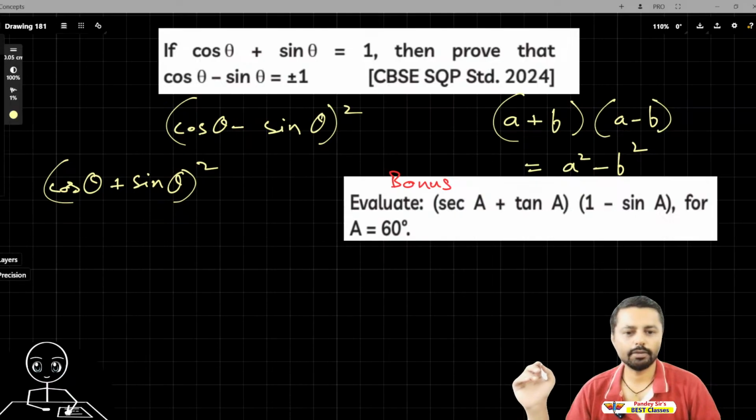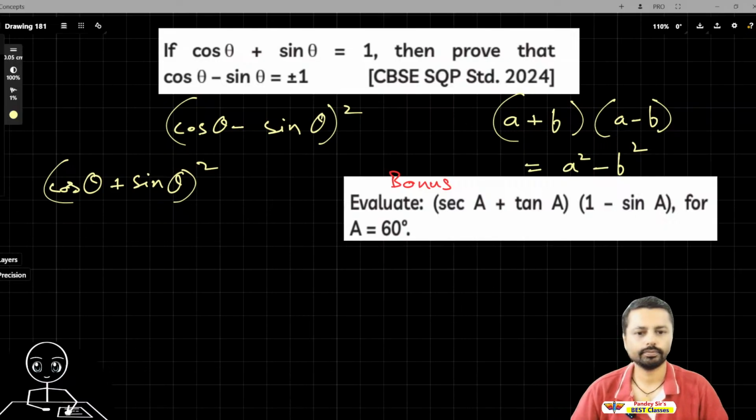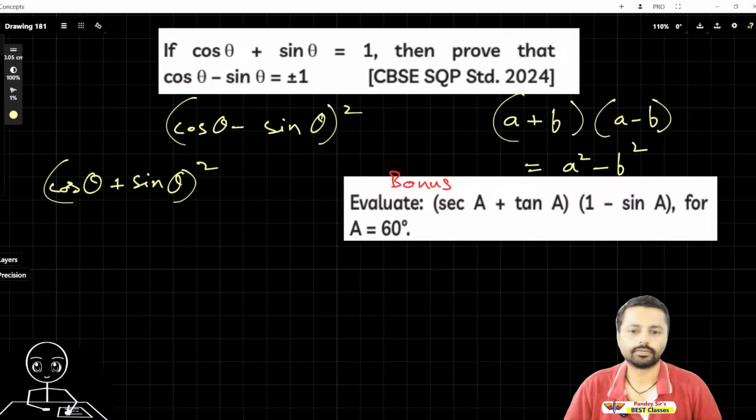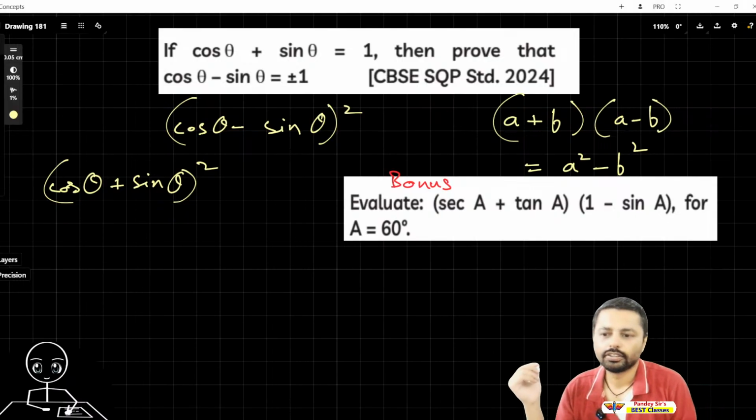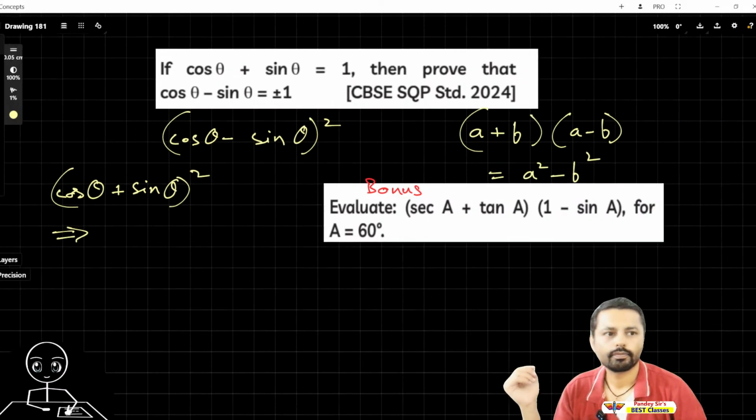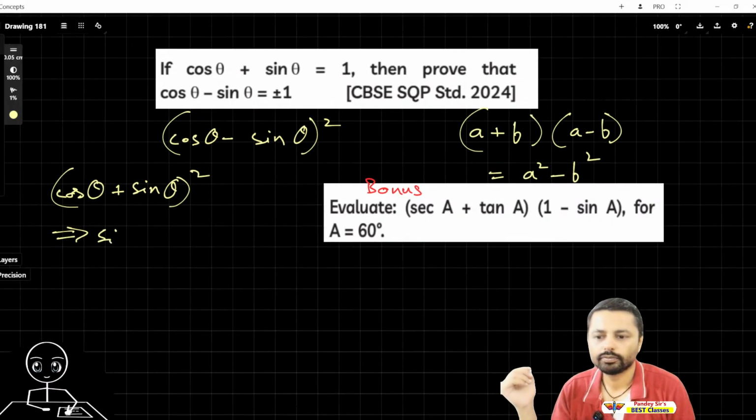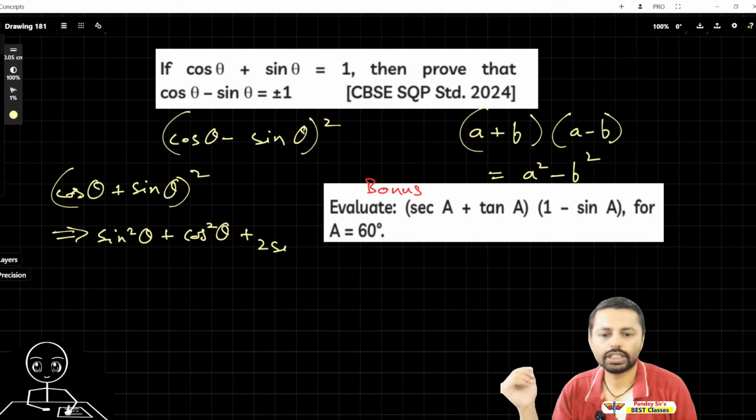So we'll get sin square theta plus cos square theta plus 2 sin theta cos theta.